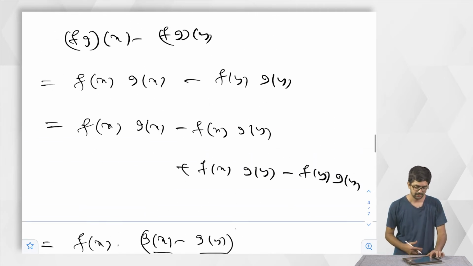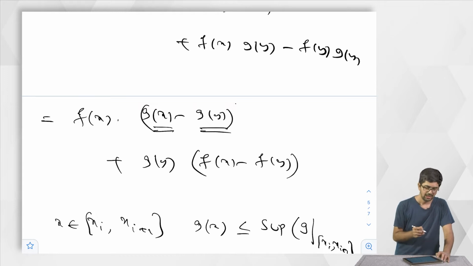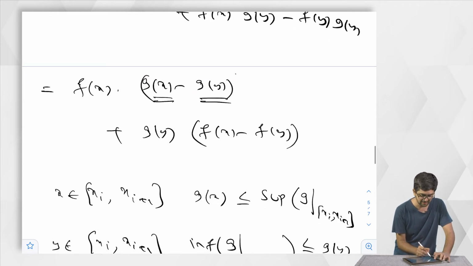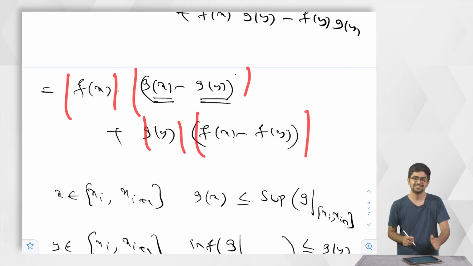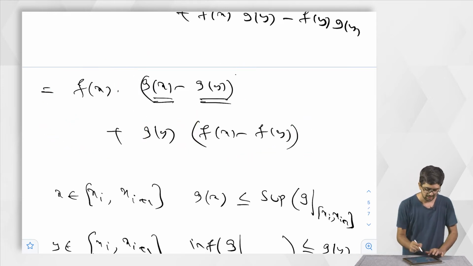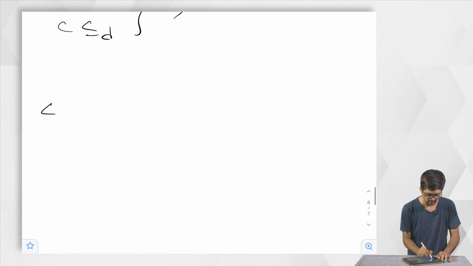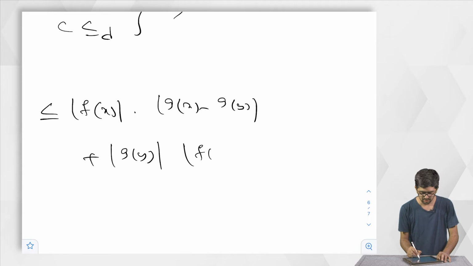Maybe we can change it here also. What I will do is write this less than or equal to, with modulus everywhere, then maybe you will be able to use it. So this whole thing is less than or equal to modulus of f(x) times modulus of g(x) minus g(y) plus modulus of g(y) times modulus of f(x) minus f(y).